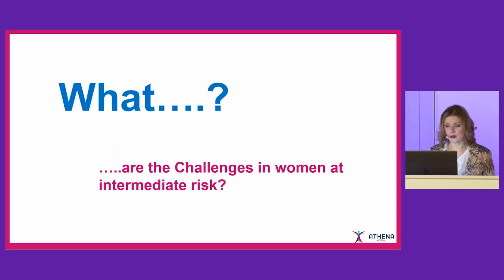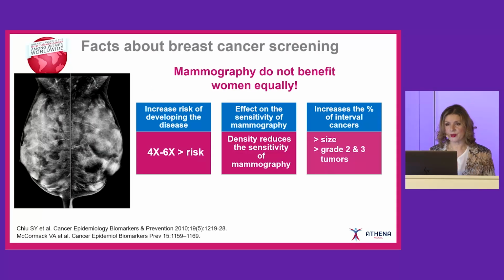So what are the challenges that we're facing in these women that have intermediate risk? First of all, those women do not have the same benefit from mammography. It means that due to masking effect, the sensitivity of mammography is lower.